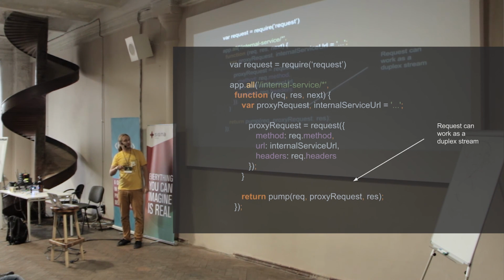So request can be used as a duplex stream. It can read data from some other request or stream. In this pipeline you can see that we are proxying all requests to this stream. It can go through some other internal stream, and after that you can write the result to the response.